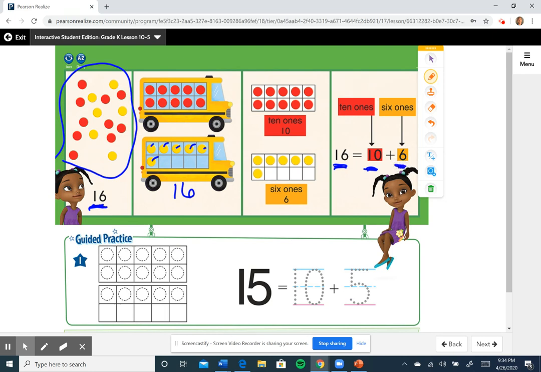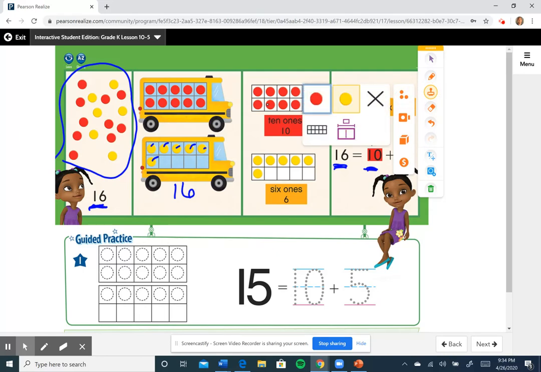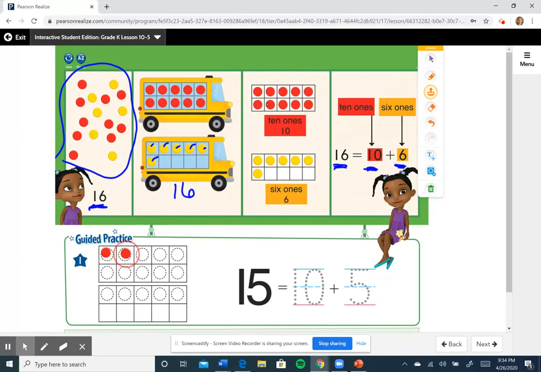So now on number 1, we have 15. And there's 10 in the first 10 frame, right? And in the second 10 frame, we have 5.